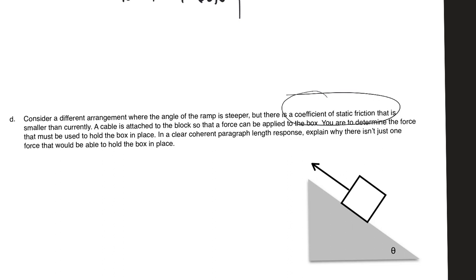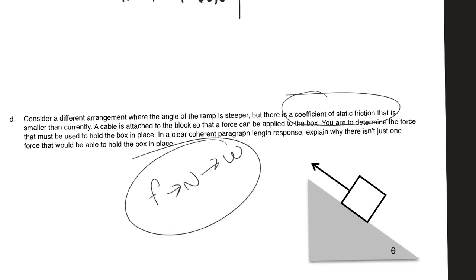But you would have to explain that it's not just the tension holding the box in place. The tension contributes to it because friction is also trying to hold the box in place. But you should also say that friction depends on the normal force, and the normal force depends on the weight. So all of these forces work together to hold the box in place, because there's a relationship between all of them. Again, friction depends on normal in this problem, and normal depends on weight. So you would have to include a chain that included all of those forces in your discussion.